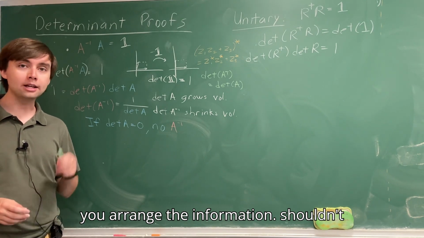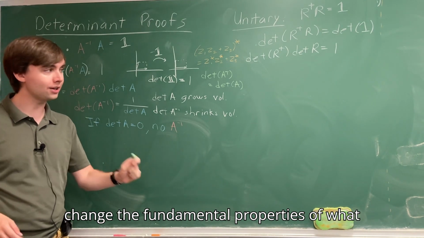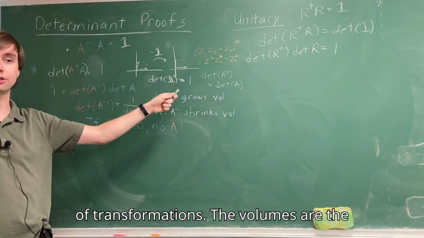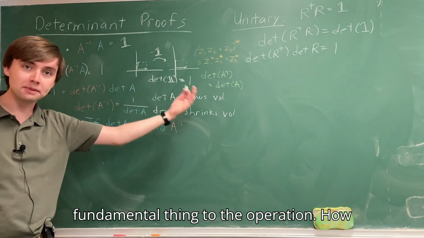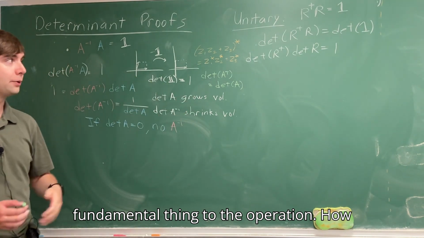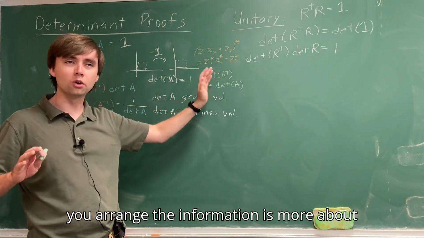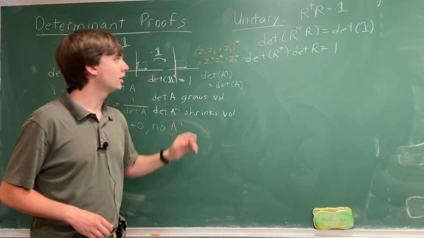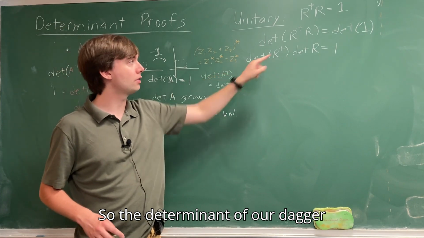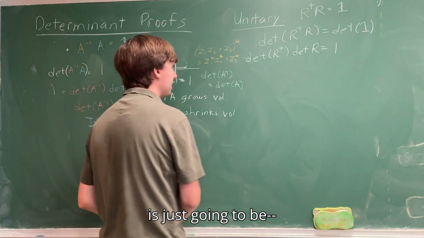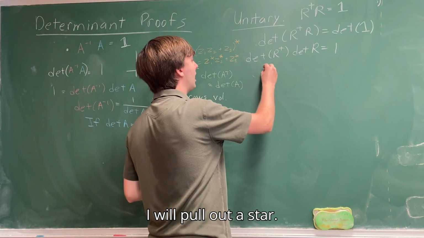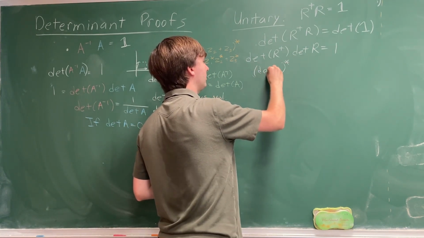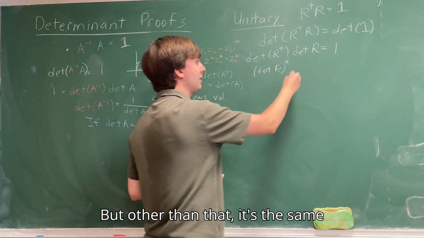And how you arrange the information shouldn't change the fundamental properties of what happens to the volumes under these kinds of transformations. The volumes are the fundamental thing to the operation. How you arrange the information is more about how humans are organizing this in particular coordinates. So the determinant of R dagger is just going to be, I will pull out the star, but other than that, it's the same determinant as before.